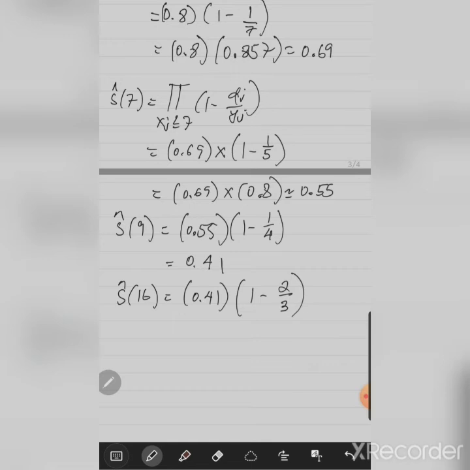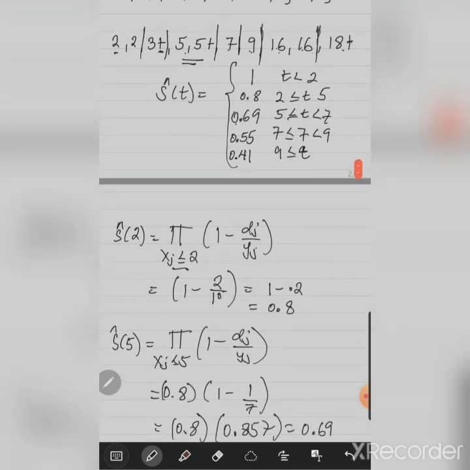So this gives us 0.14. So when you plug this in, what do you get? We have 0.14. So here we get 16 less than or equal to t.